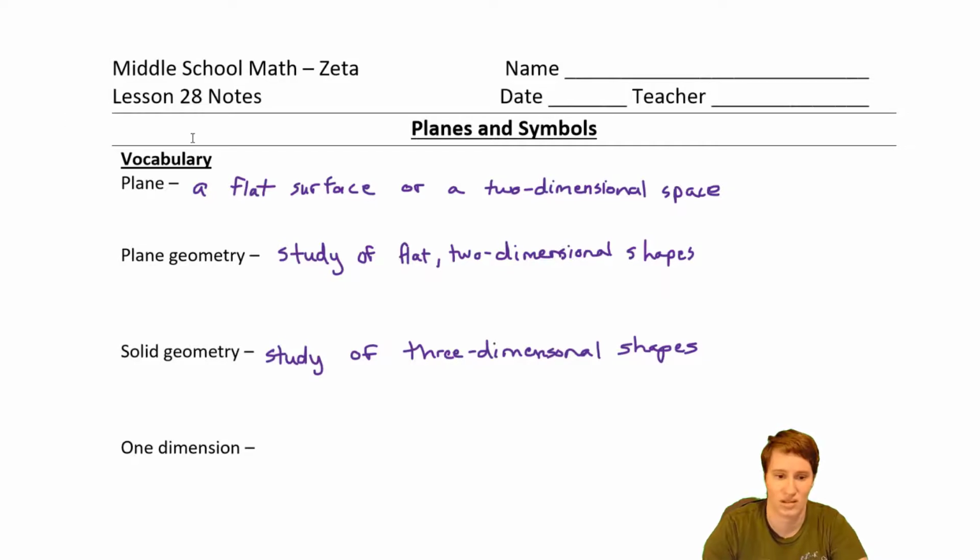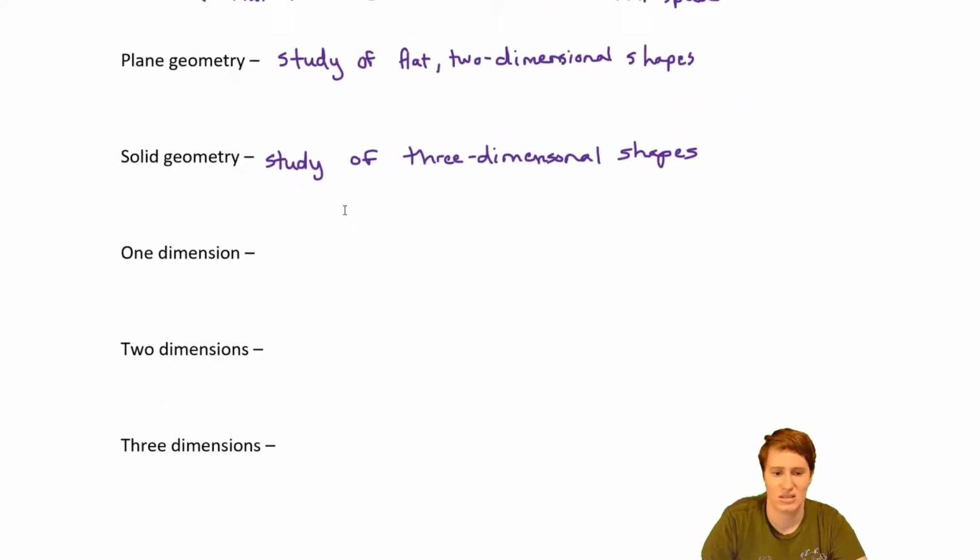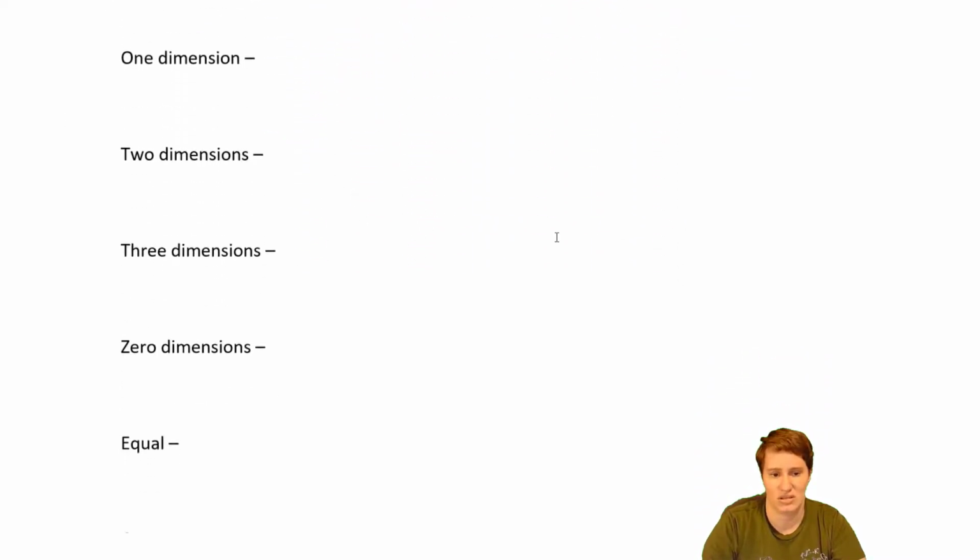So that's kind of the idea there. So now let's talk about dimensions, and this is kind of a tricky topic, or it can be if we try to go past the idea of there being 3 dimensions. But 1 dimension means that we are moving in a single direction, and so that would be something like a line.